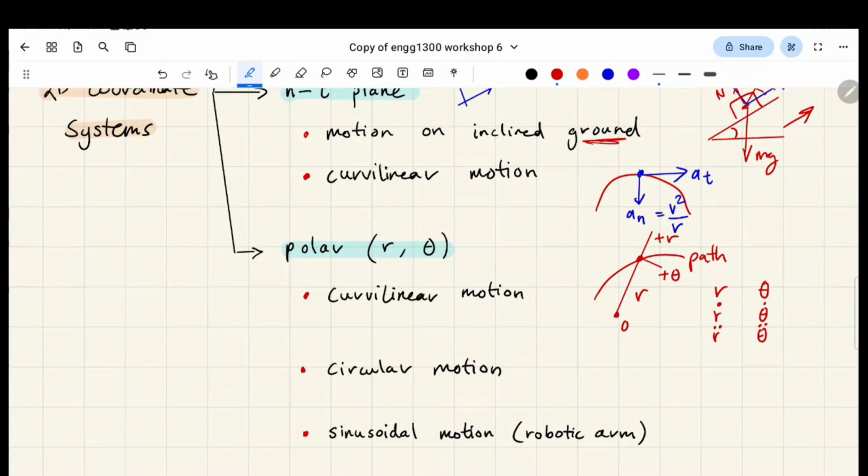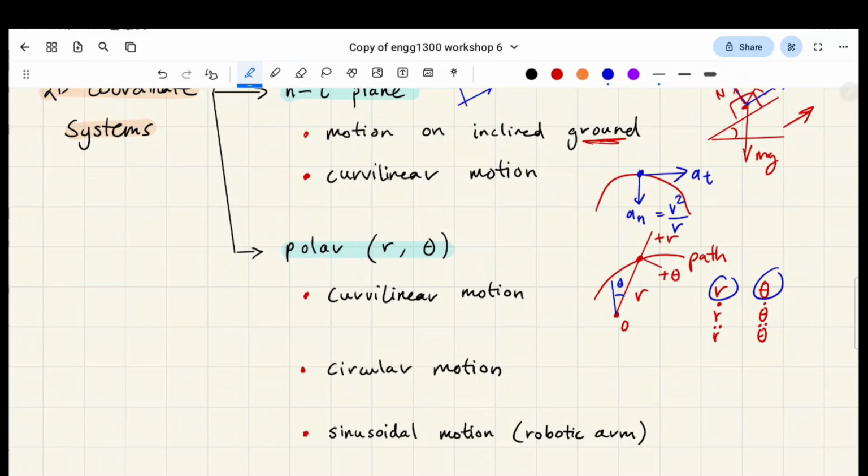Each of these dots means that you differentiate it, so it's the change of the previous one. Here's the radius and here's the angle. This angle will be changing over time, and so will the radius.